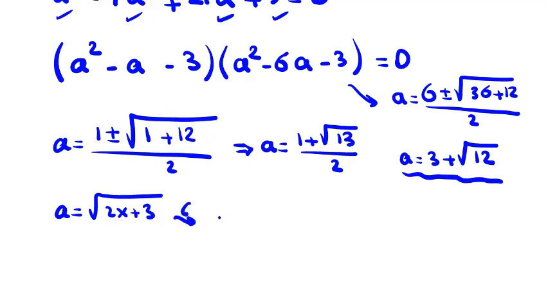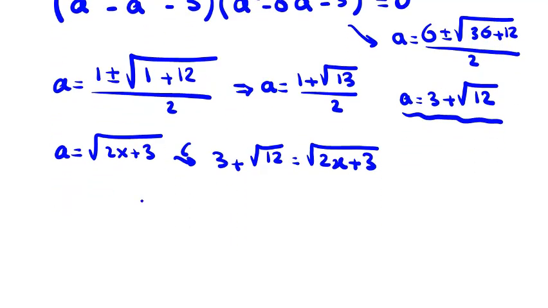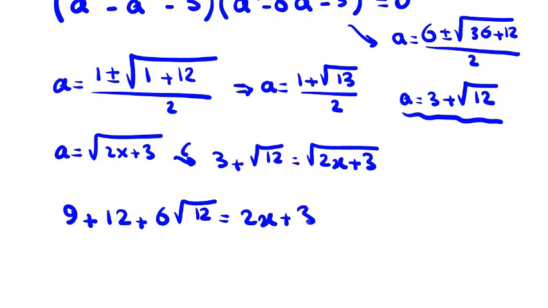So we can conclude 3 plus root 12 equals root 2x plus 3. If we raise both sides to the power of 2, it will be 9 plus 12 plus 2 times 3 times root 12, so 6 root 12 equals 2x plus 3.